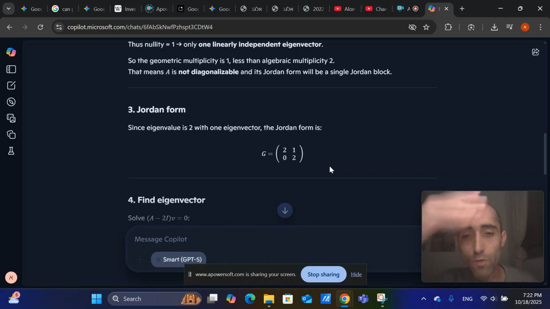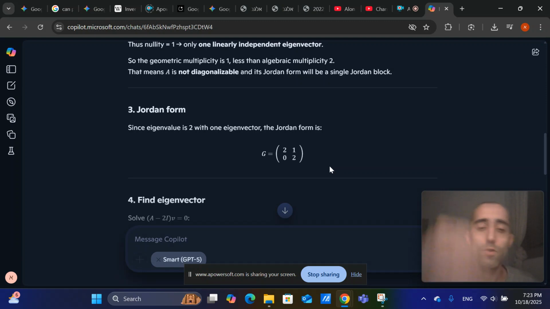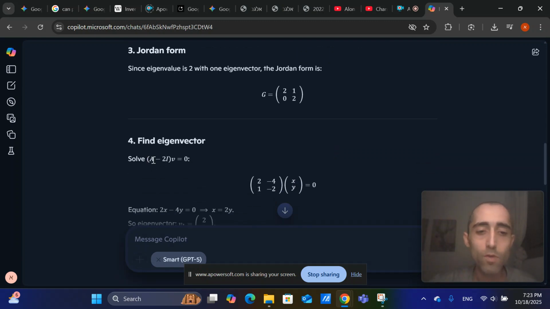And the dimension, of course, is 2. This is a 2 by 2 matrix. So we will use what are called generalized eigenvectors. But let's start by finding one eigenvector for the eigenvalue 2. We will solve the equation (A minus 2I)v equals 0.